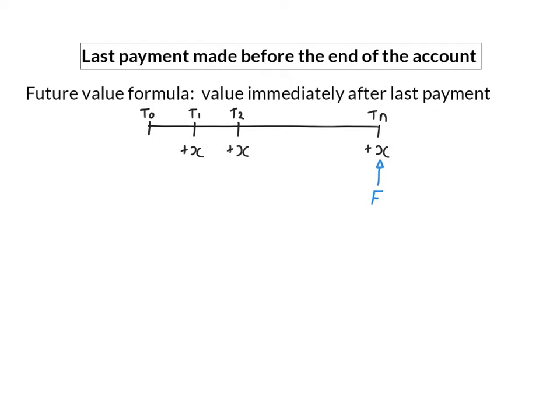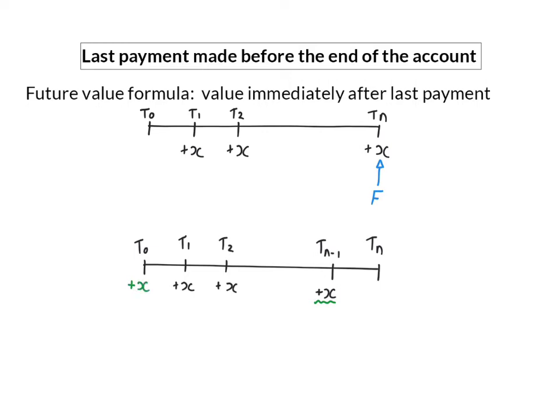There are, however, instances where the last payment is made before the end of the account. This means there won't be another payment at the end of the last period. Another option is annuities paid in advance, and this means you will make a payment at the beginning of each month or each period. This means your first payment will be at the beginning of the first period at T0, and your last payment will be at the beginning of the last period.